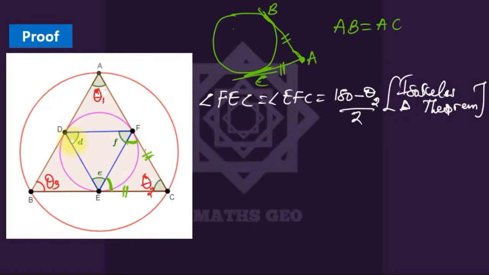And looking at this, you can still see that this angle, okay, let's use different ink. You can see that this angle and these are equal because this is an isosceles triangle.